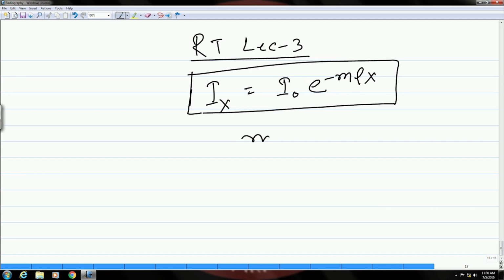And this is the property of the material with regard to absorption of X-rays, and this is known as mass absorption coefficient.